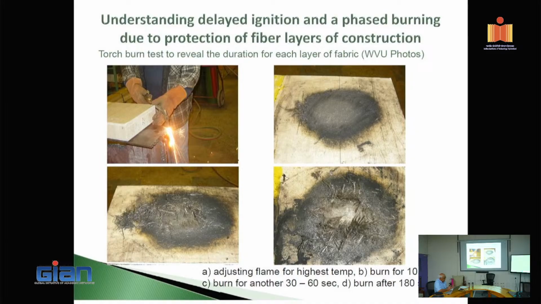And you know what? It took us adjusting the flame. We have certain standardized measures. So, in terms of testing, we put an acetylene torch about, say, 6 inches from the surface, and every layer took approximately 10 seconds.